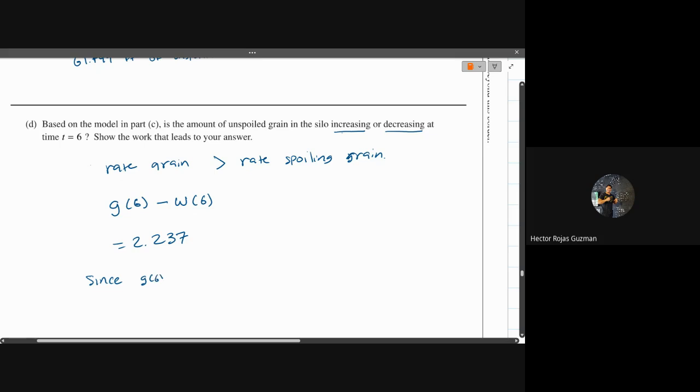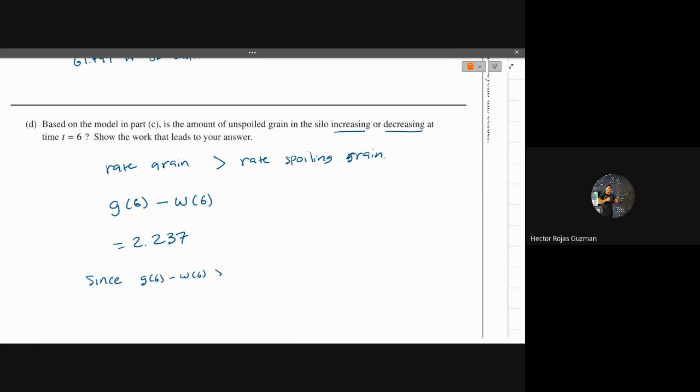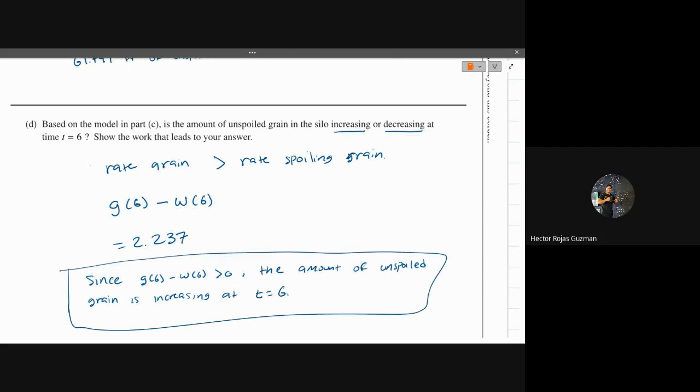Since g of 6 minus w of 6 is greater than 0, the amount of unspoiled grain is increasing at t is equal to 6. Okay. I won't say minutes just in case.